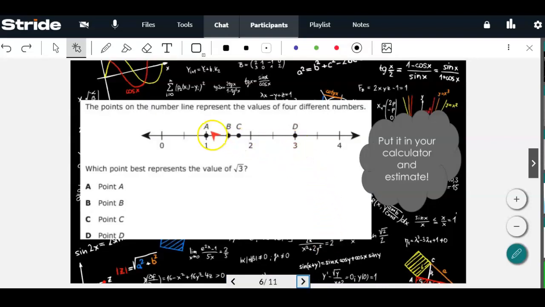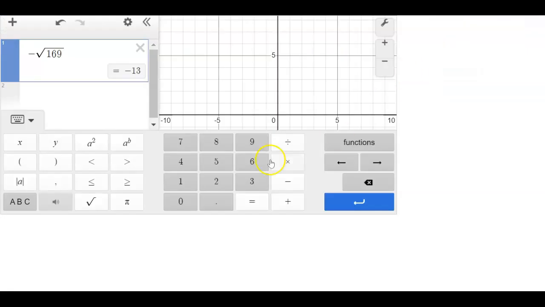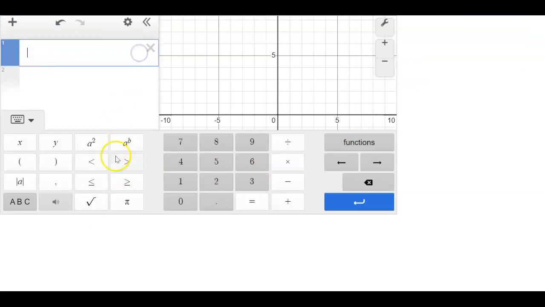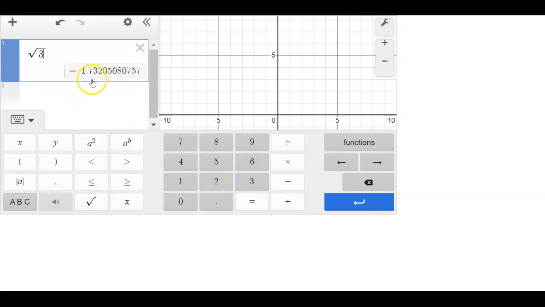So let's look at a practice problem. It says you have 4 points given on the number line. Which point best represents the value of the square root of 3? We need to use a calculator. So I'm going to go to the calculator. We're going to find the value of the square root of 3. It's 1.73 and so on.